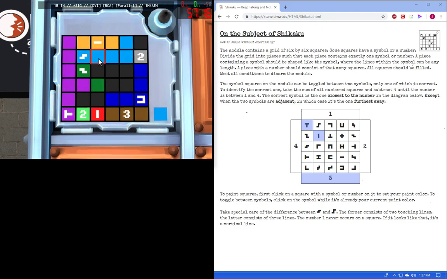I see the problem there. Let's do something like this. Actually, no, like this, and then this like that. Then we have something like this. Ah, yes, and this goes there.